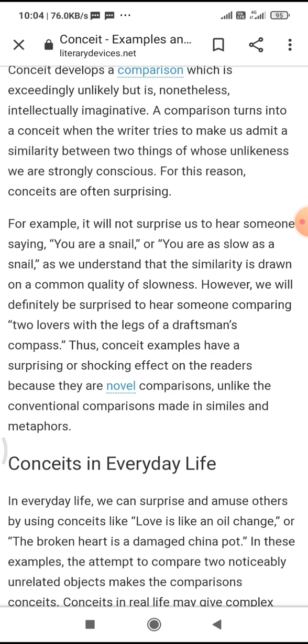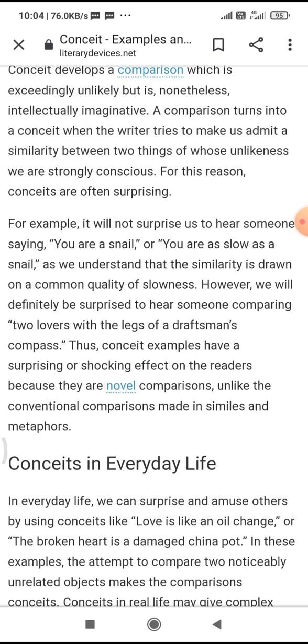If we use such comparisons in our daily life, these are conceits. If we compare love with an oil change, is there some similarity? No, they don't have any similarity. Love and oil change are entirely different things, but still they are being compared. It means that here conceit is being exercised.